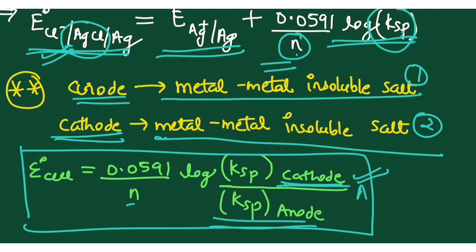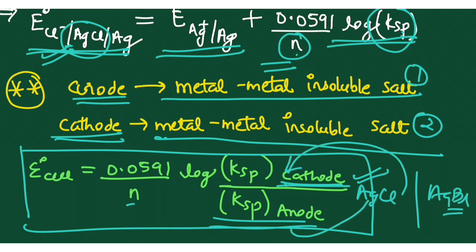Say we have AgCl at the anode and AgBr at the cathode. So here we will put Ksp of AgBr and here we will put Ksp of AgCl, and accordingly we put the n value, the number of electrons, and you will get the E naught cell. Very important.